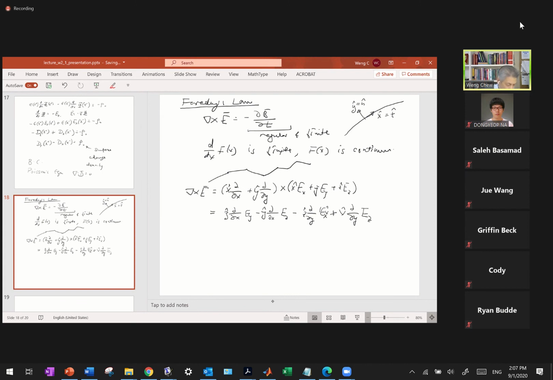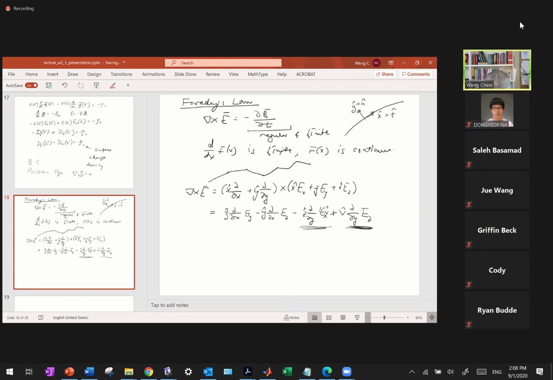Okay, and then since the right hand side is finite, what it says is that the y derivative must be finite.